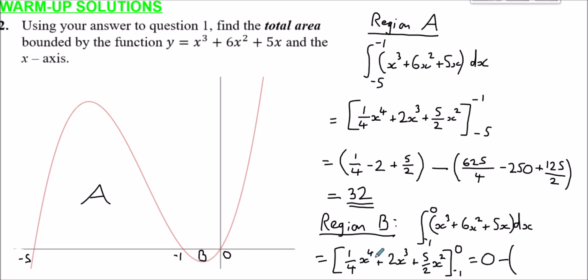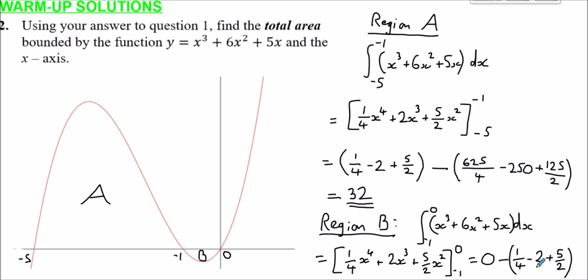So when we do -1 to the power 4, that's going to give us 1/4. And of course you might be thinking, well, I've already done the input of -1 here. So if you want to be cheeky and just be quicker, you can use this bracket here and just copy it out again. It's exactly the same as what we input before. So inside this bracket is actually going to be positive 3/4.